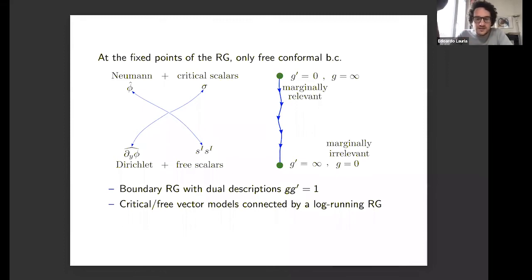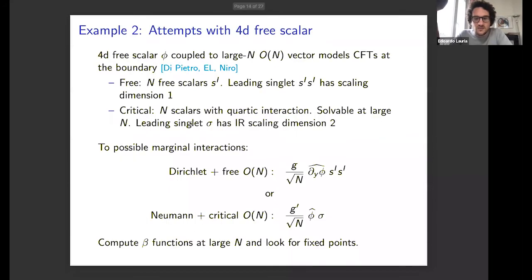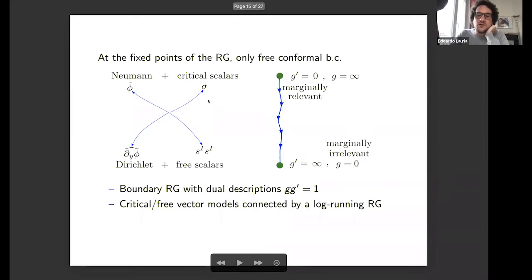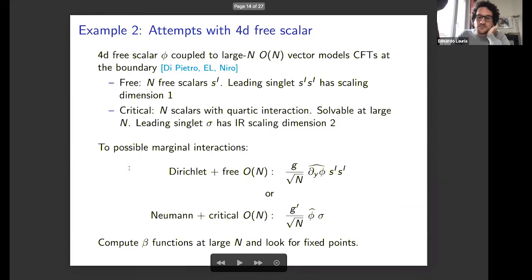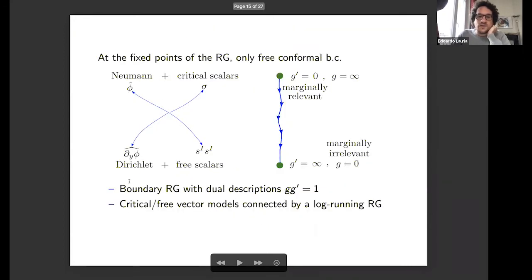So there is another interesting twist of this story. Of course, you expect these two 3D CFTs to be completely different, and they are completely different. They are related by some 3D RG flow. But what I'm saying here is that it is possible to approach, for example, the O(N) model by starting with the Dirichlet boundary conditions coupled to a free scalar.